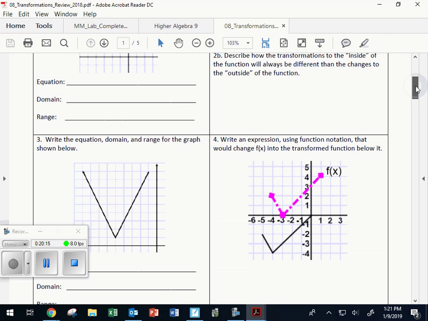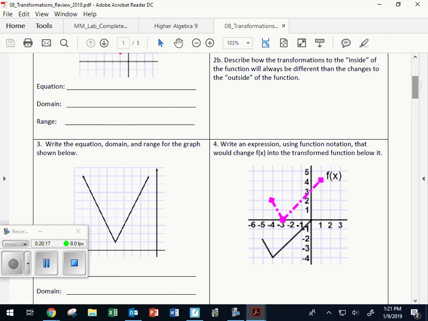This is the kind where we had a whole bunch of functions and they were moving around. This is the moment where you learned that the stuff on the inside did the opposite of what you expect. Do you remember HOVI, horizontal on inside, vertical on outside?